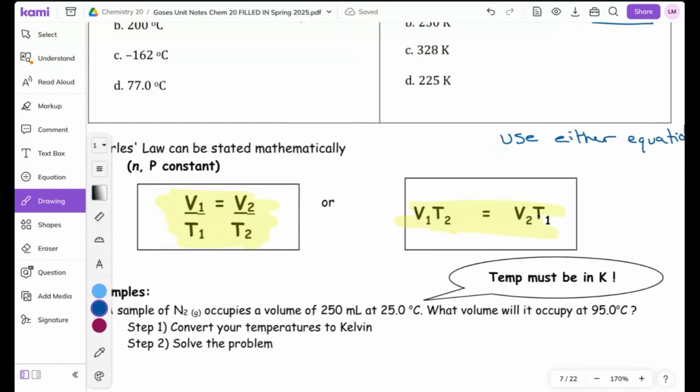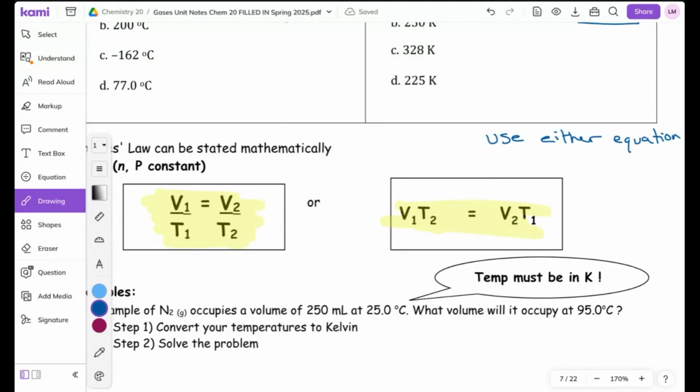Okay, and as a reminder here, the 1s are equal to the initial conditions, and the 2s just mean the final conditions.